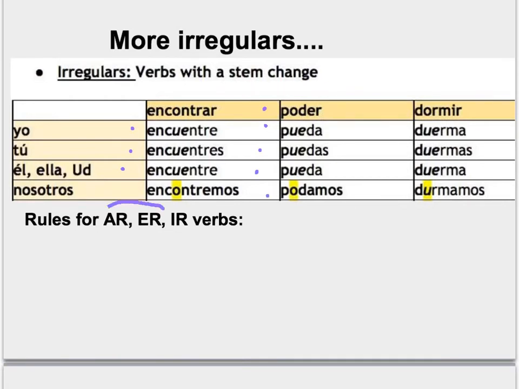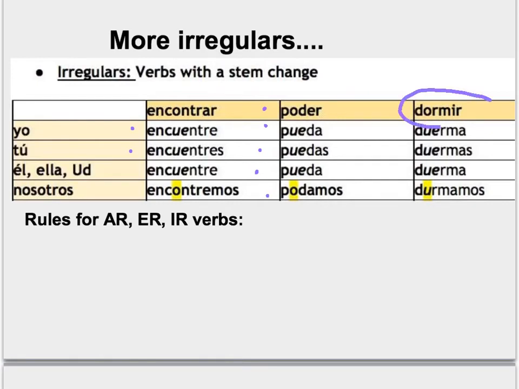So what's our rule? Our rule for AR and ER verbs is that there is a stem change in all forms except for the nosotros form. I repeat, there is a stem change in all forms except for the nosotros form.